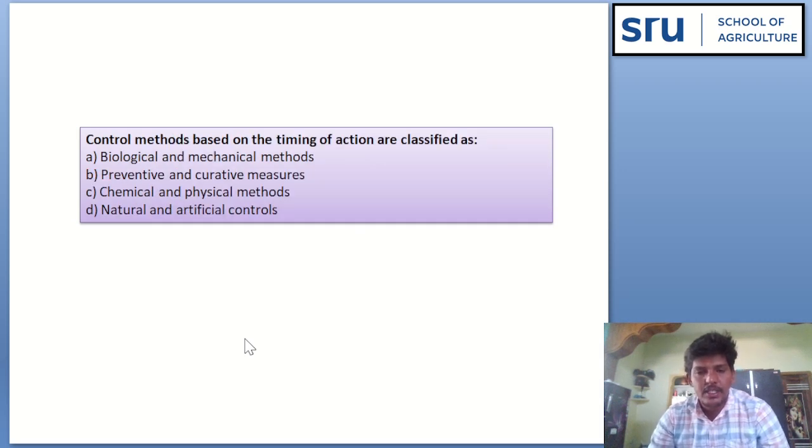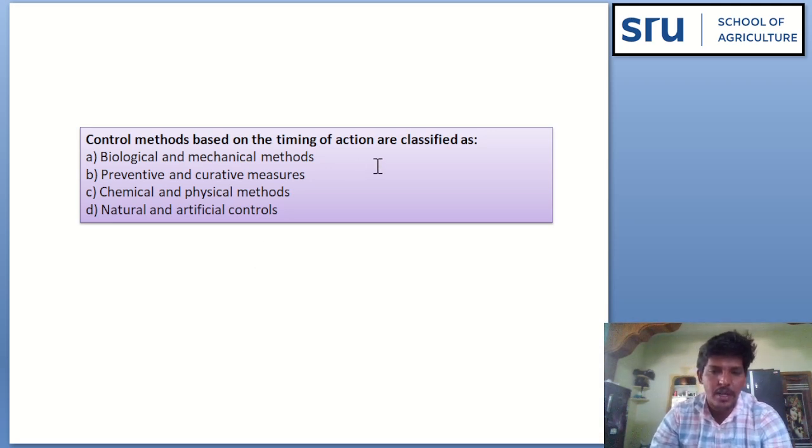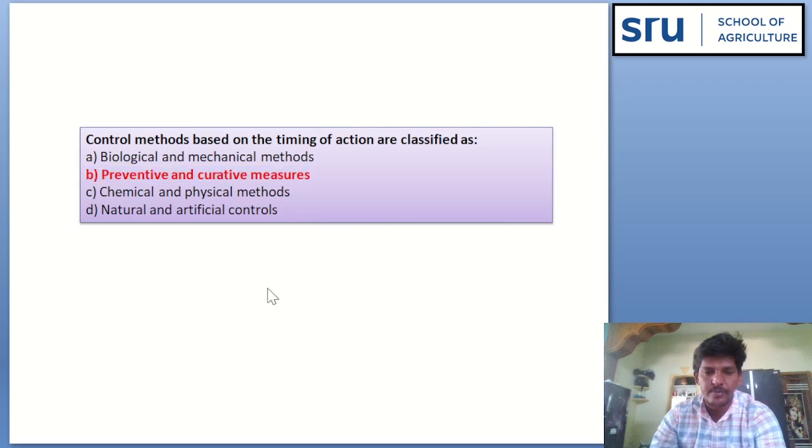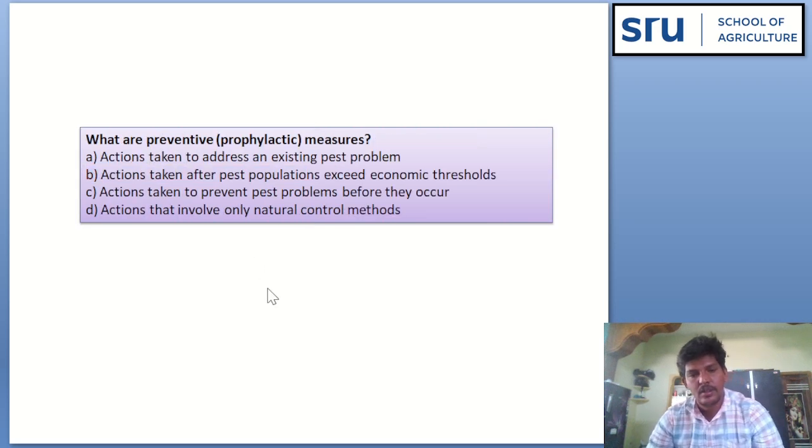Control methods based on the timing of action are classified as biological and mechanical method, preventive and curative measures, chemical and physical method, natural and artificial control. So based on timing of action, these are of two types, that is preventive and curative measures. What are preventive measures?